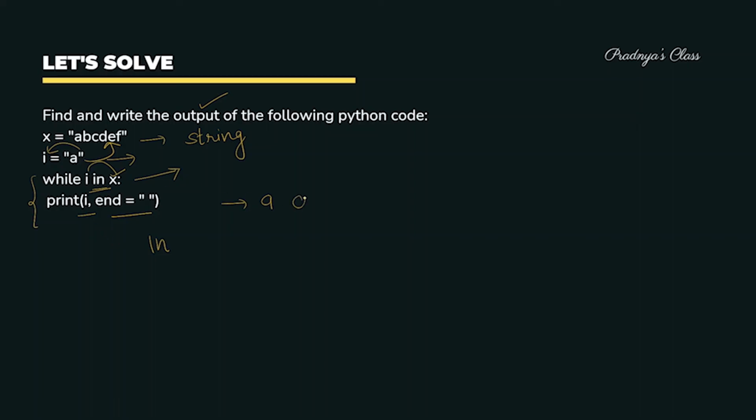So we will be getting the value A, and it is an infinite loop. The value of A will keep on displaying indefinitely. This is an infinite loop because we cannot see any statement to break the loop. A is present in the list and it will be there always. So it's an infinite loop.